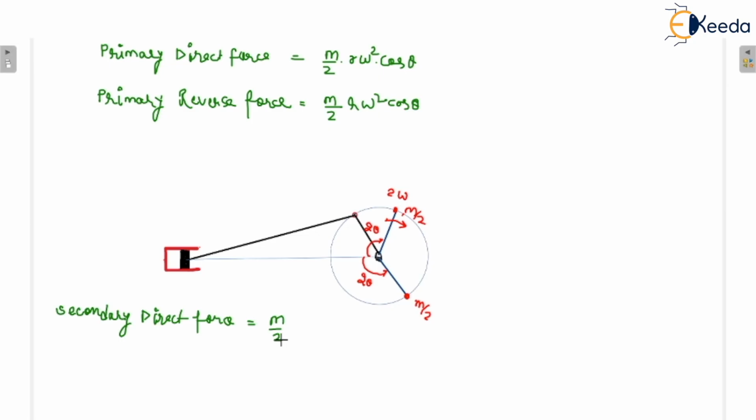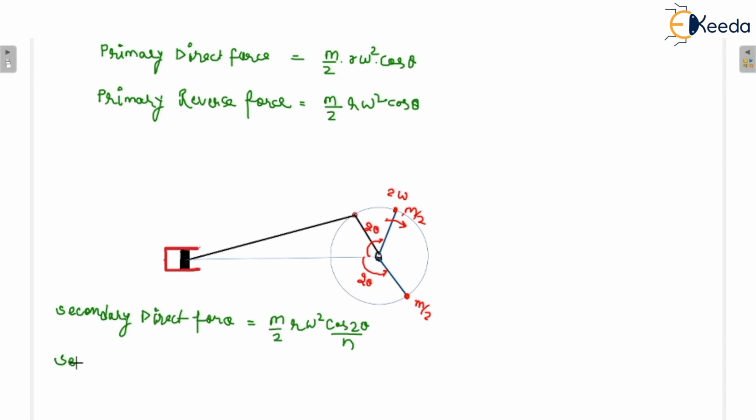So this would be m by 2 r omega square, and you can write it as m r omega square cos of 2 theta by n. Since the mass is half for the direct crank, that's why m by 2 we have considered.